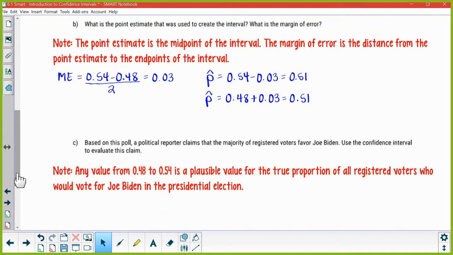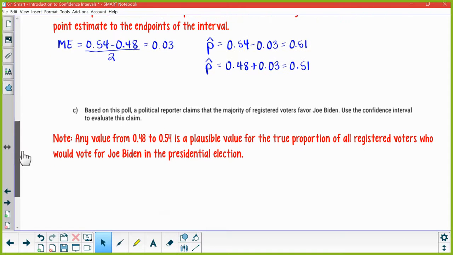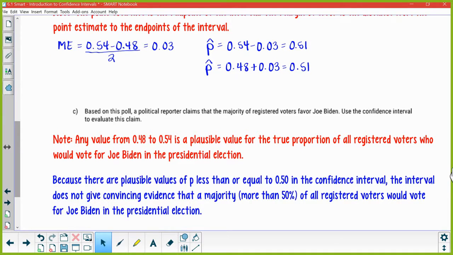Now, that creates a problem for this reporter, because notice that 0.48 is a plausible value. It could be the true proportion. So because 0.48, 0.49, and 0.50 are plausible values, I can't agree, because in order for the majority of registered voters to favor Joe Biden, the percentage would have to be above 50%.